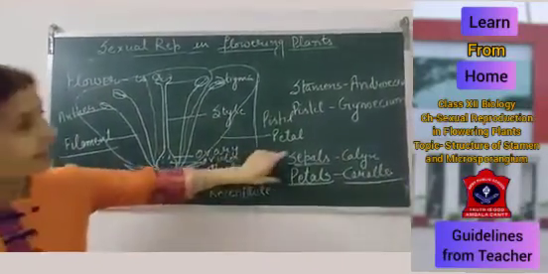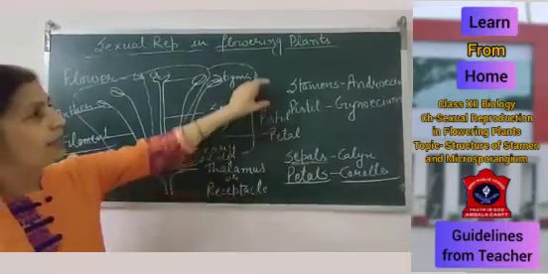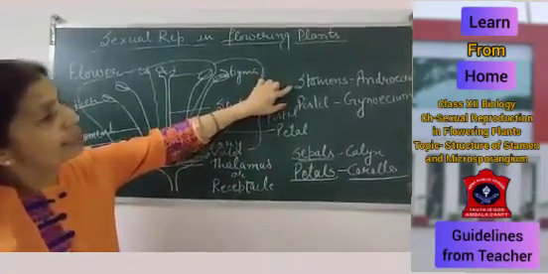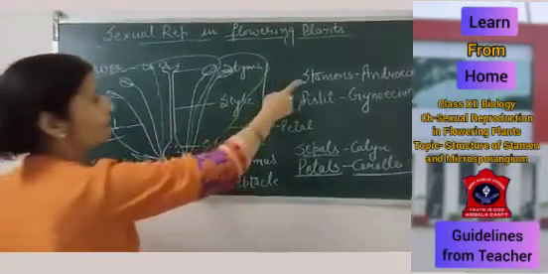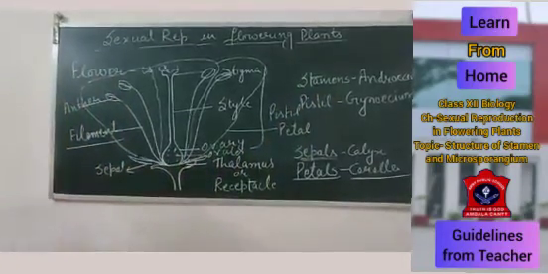Sepals and petals are known as accessory parts of the flower, while these two are known as essential parts of the flower because they participate in reproduction. Stamen forms the male reproductive part while pistil acts as the female reproductive part.